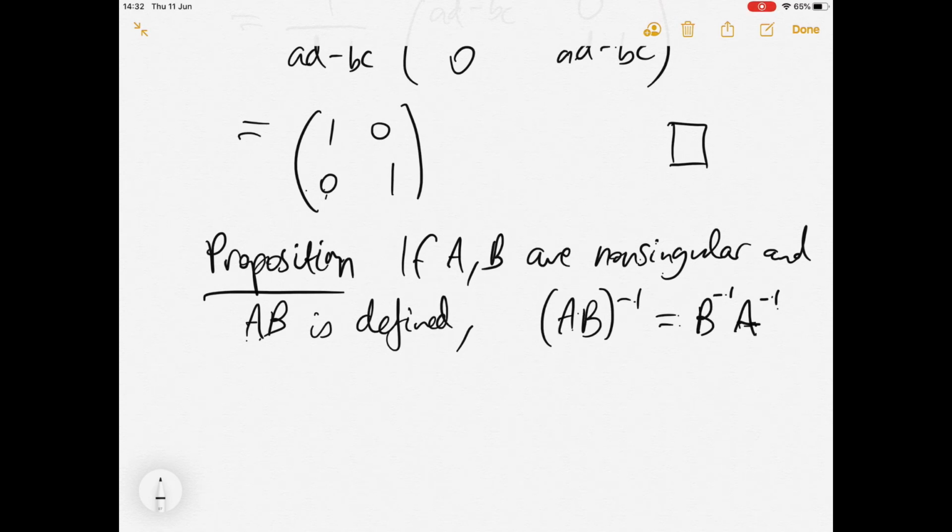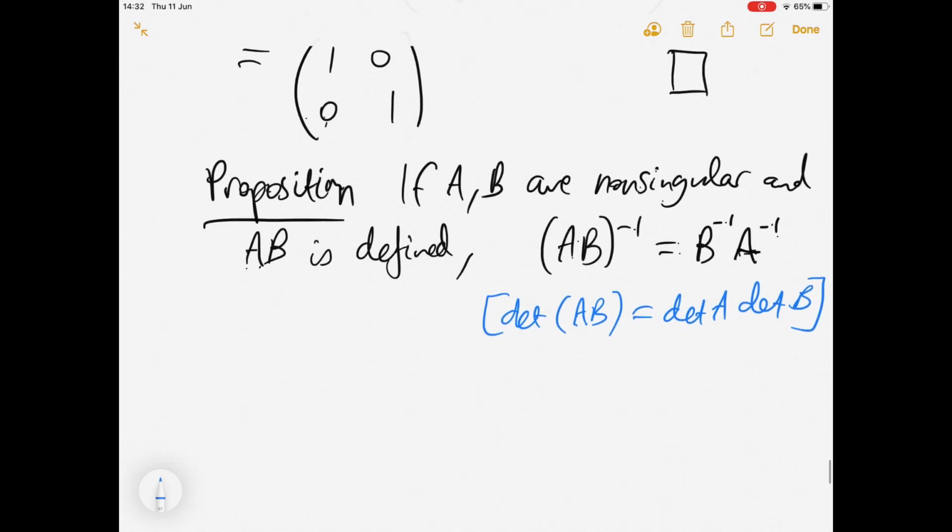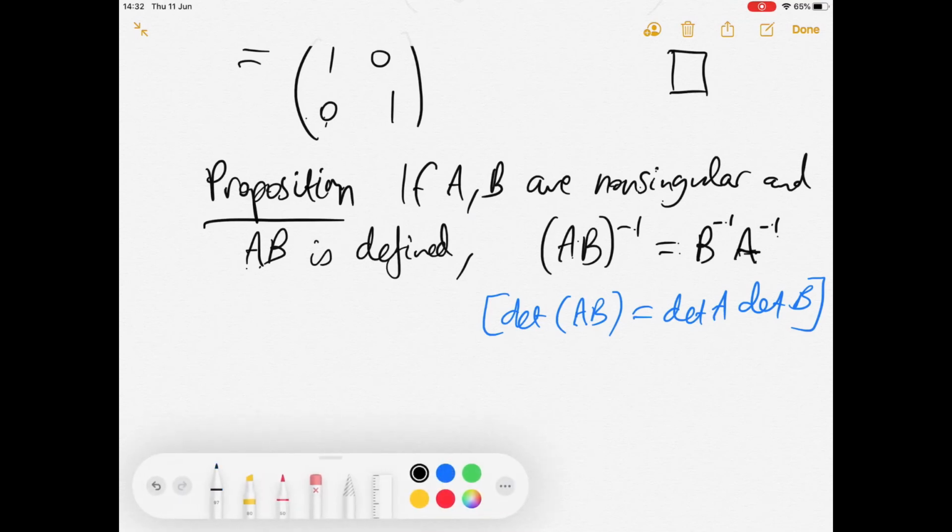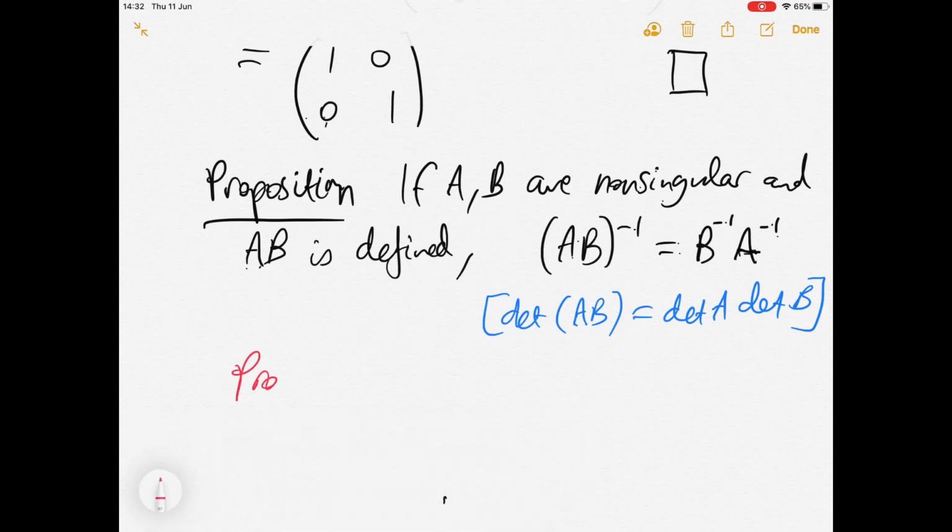Let's prove this formula. By the way, it's also true that the determinant of AB is the determinant of A times the determinant of B. We won't prove that now, and we don't need it in this particular proof. It's just another result that it reminded me of. Okay, let's do the proof.